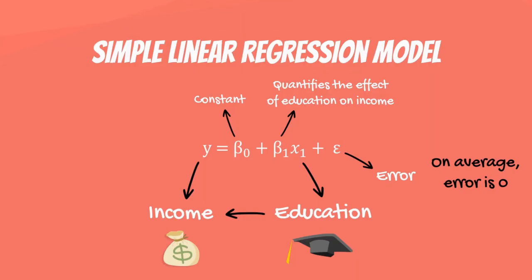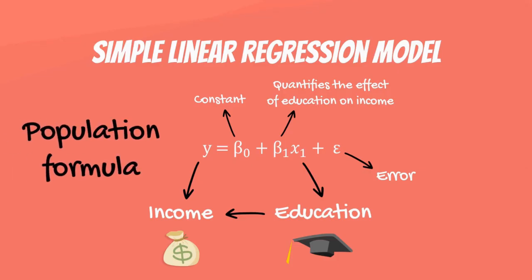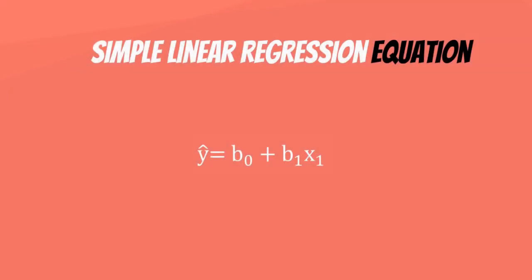All right. The original formula was written with Greek letters. What does this tell us? It was the population formula. But we know statistics is all about sample data. In practice, we use the linear regression equation. It is simply y hat equals b0 plus b1 times x.